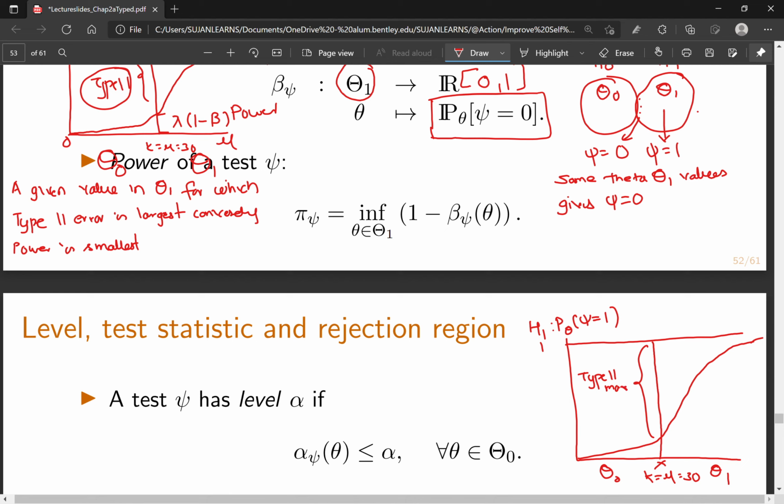Type 2 max. What is type 2 max? Type 2 max is misdiscovery.